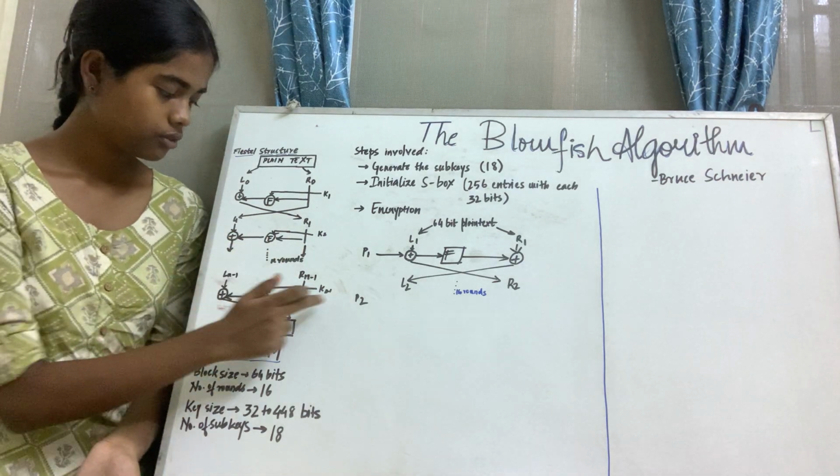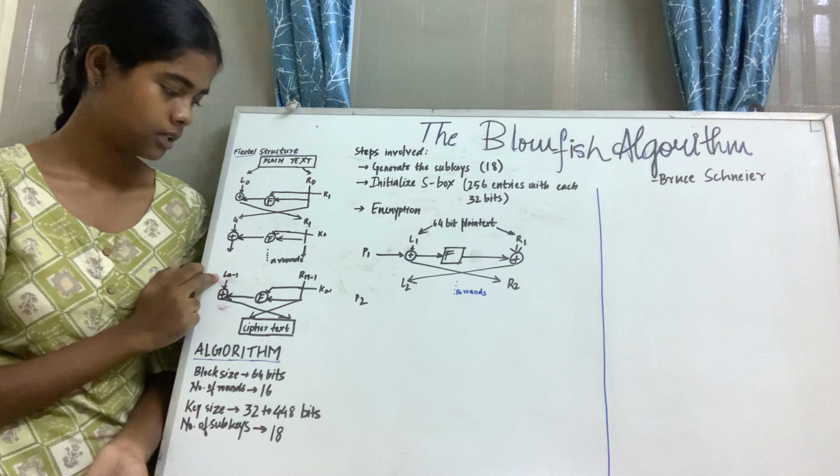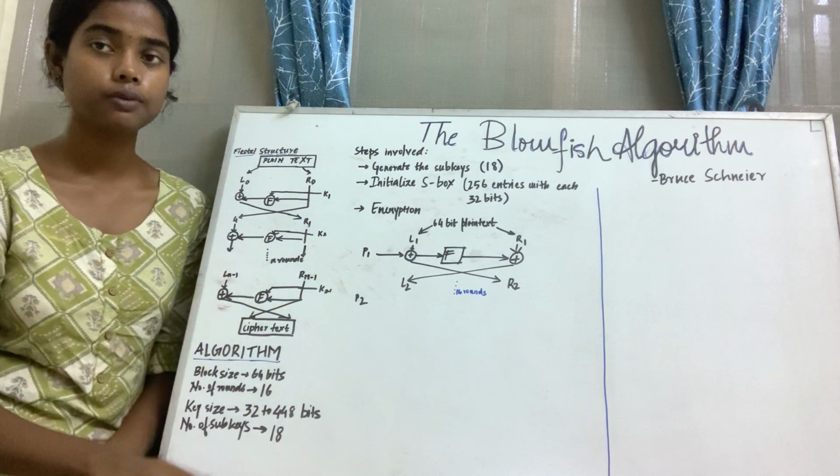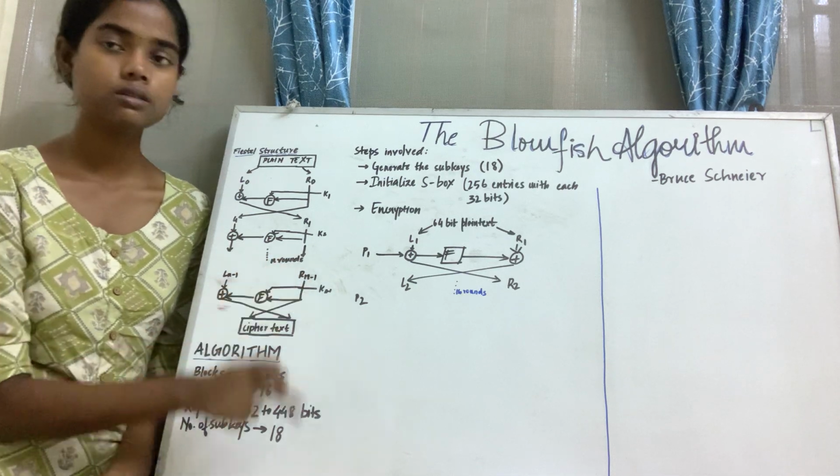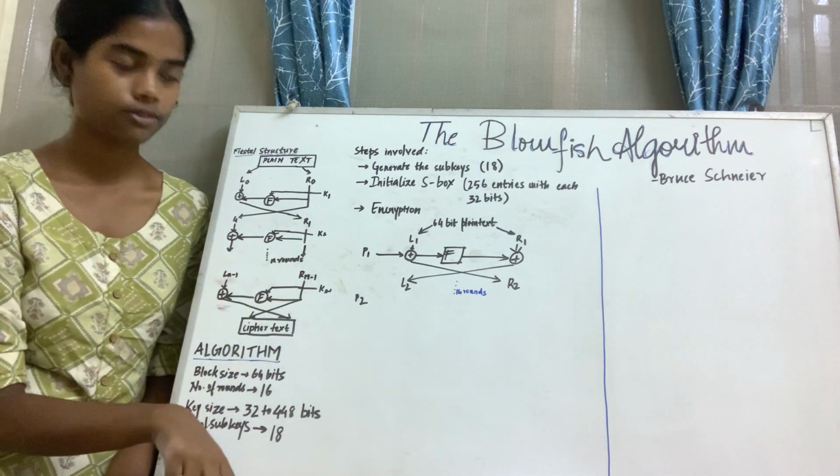So in the final round, as we can see here, this is Ln-1, the round before the input to the final round, and Rn-1, which is the right plain text for the final round.